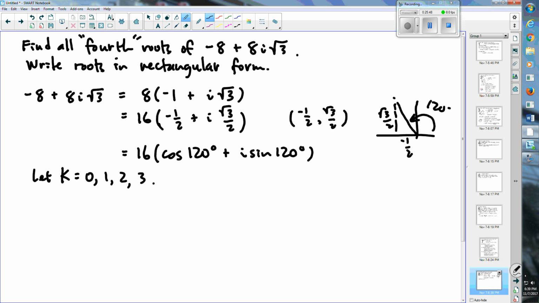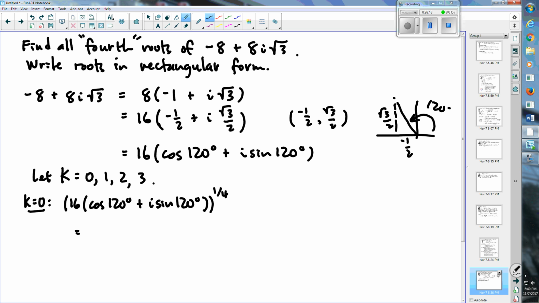We're going to apply DeMoivre's theorem, which is the nth root theorem. So for k equal to 0, we have 16 times the cosine of 120 degrees plus i times the sine of 120 degrees, raised to the 1/4 power.